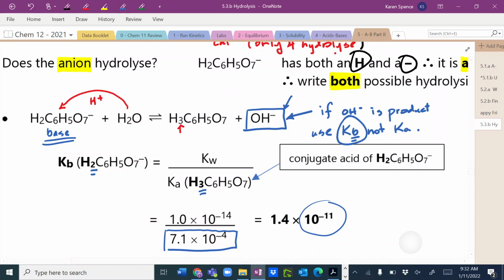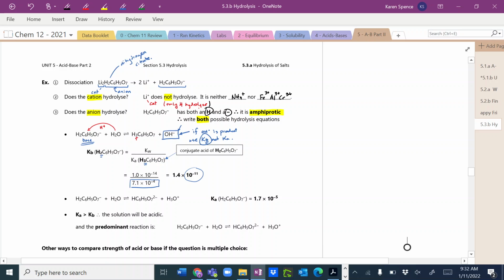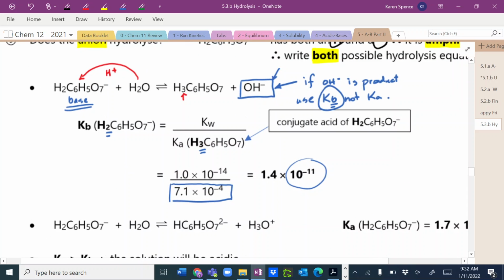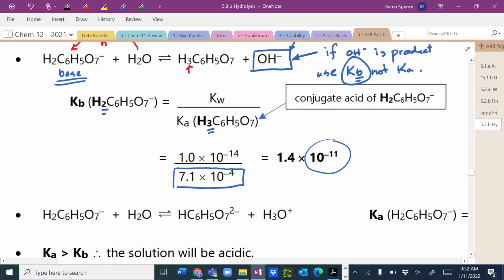Our second hydrolysis equation is as follows. Last time, H2C6H5O7 acted as a base, now it's going to act as an acid, and it is going to give its proton to water. So now water has that extra proton and it's become H3O plus, and this ion now has only one hydrogen, not two.